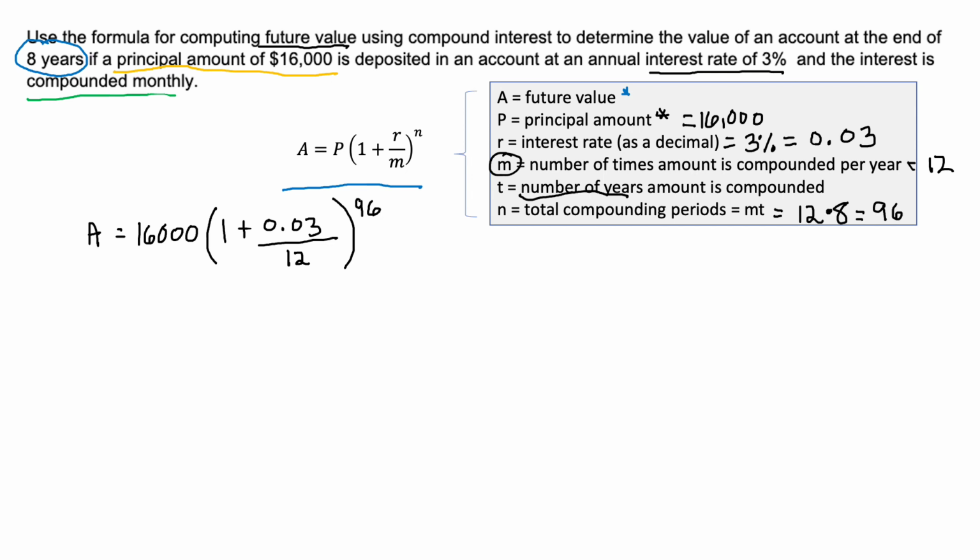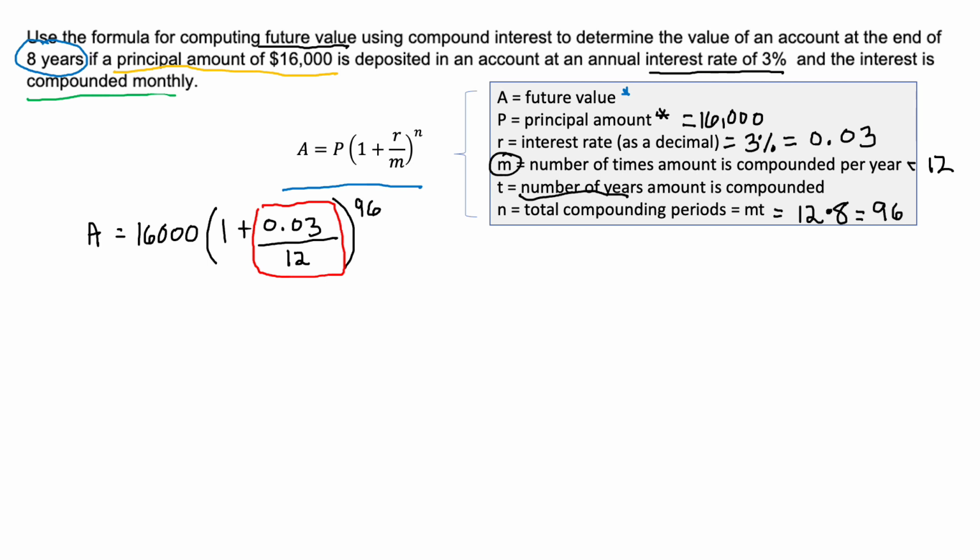Now I identified all of my values, so I can go ahead and solve this formula. The first step is to look at the parentheses, and we're going to perform the division within the parentheses. So it's this portion right here. So we'll do 0.03 divided by 12.